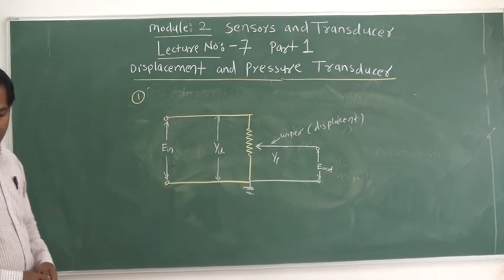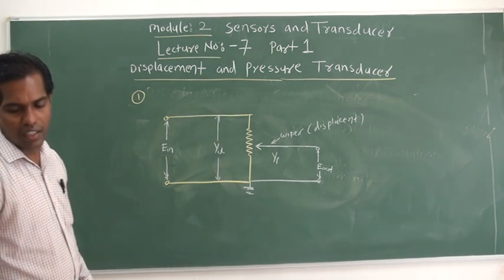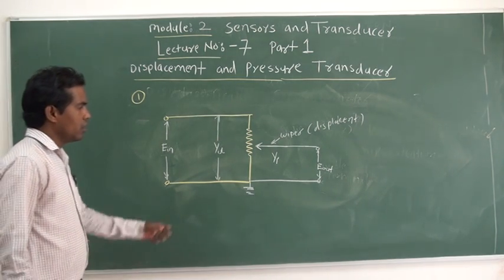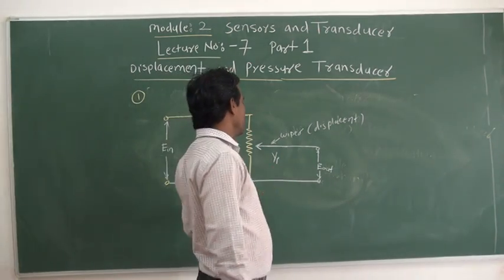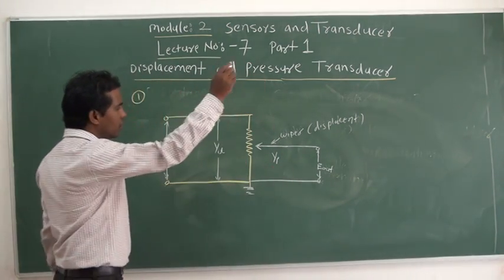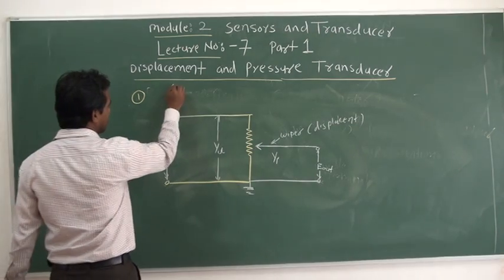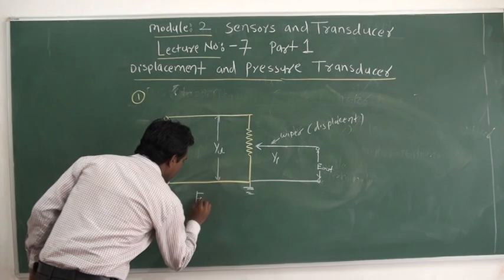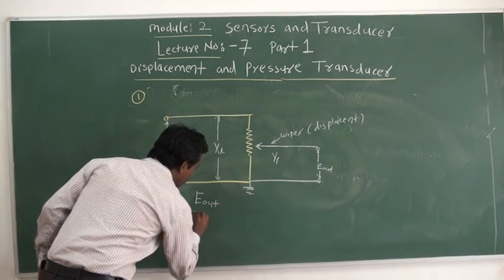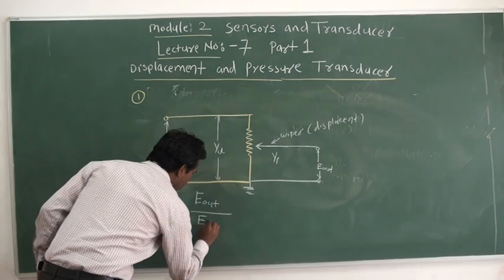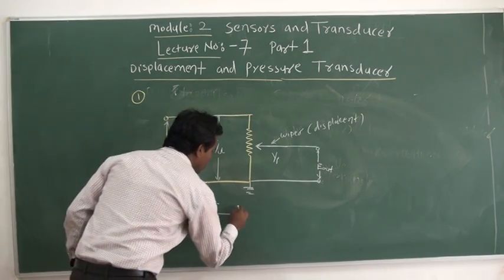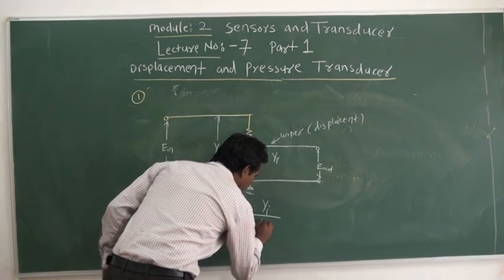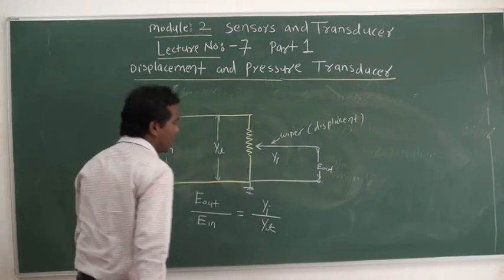So under ideal condition, the relation between input voltage and output voltage is given by the ratio E out upon E in is equal to yi divided by yt.